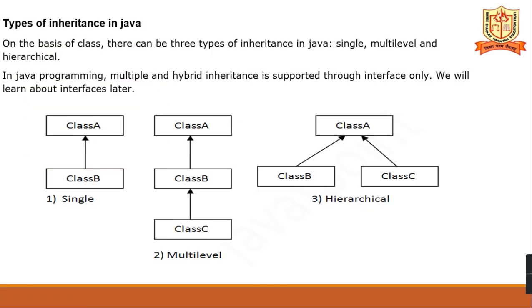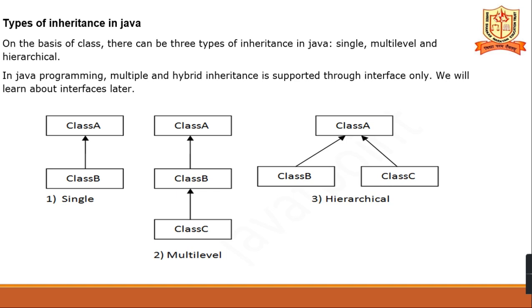Simple example. Next, we will see the types of inheritance in Java. On the basis of class, there are three types of inheritance in Java: single inheritance, multilevel inheritance, and hierarchical inheritance. In Java programming, multiple and hybrid inheritance are supported through the interface. We will learn about interfaces later. Is it clear?